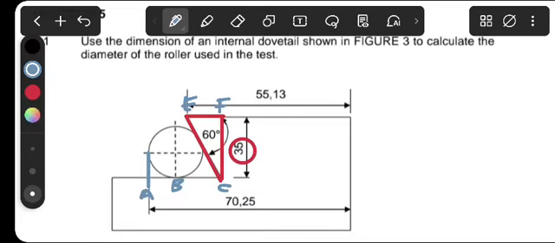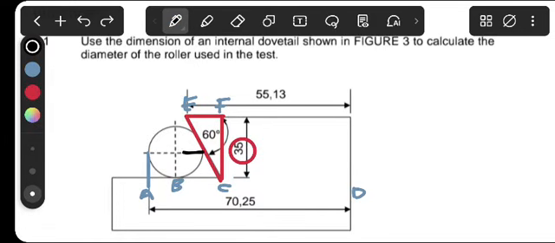Then this one here at the end, I can call D. So we have those ends. The aim here is to calculate the diameter.